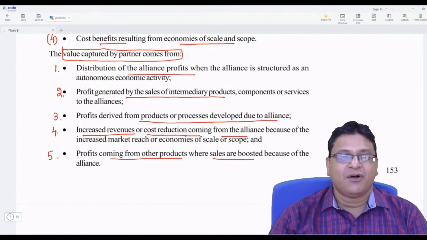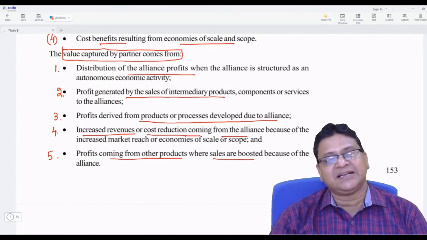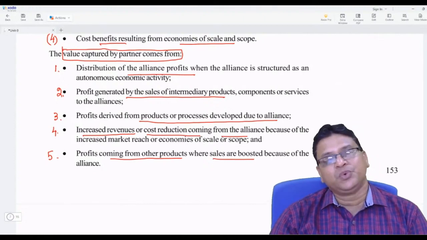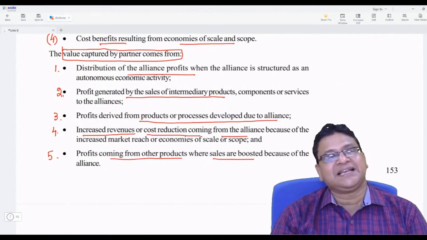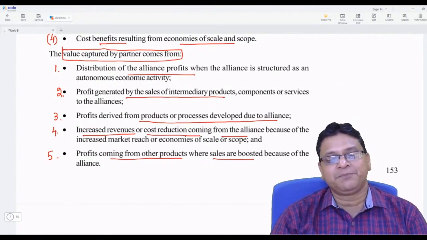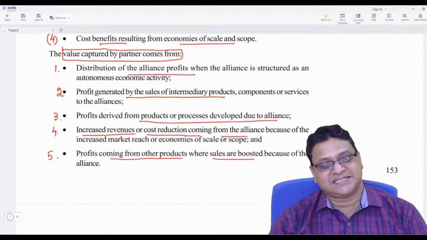Because of the alliance of Hero Cycles with Honda Motors, Hero Cycles' name and fame increases. As a result, two-wheelers are sold as well as there is an increase in Hero Cycles, and this is known as profit coming from other products where sales are boosted because of the alliance.